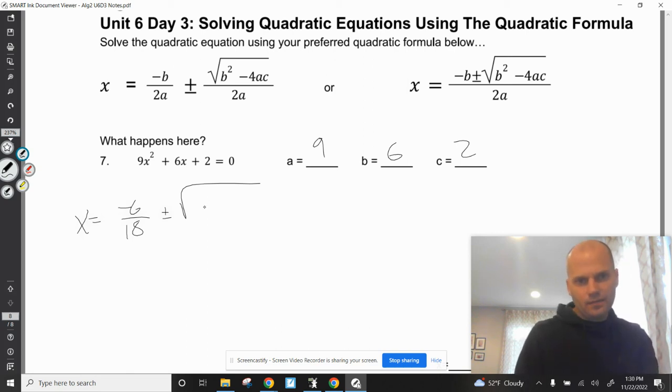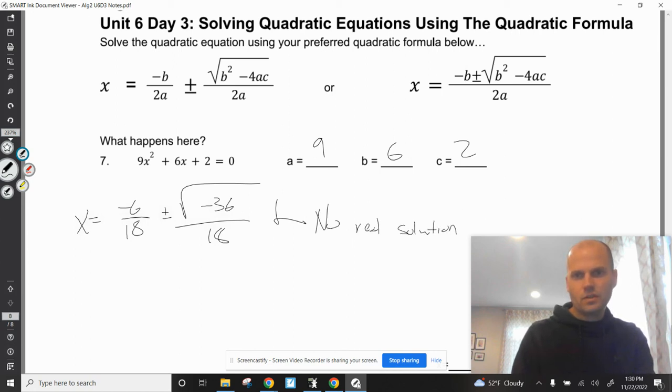We got a negative. Try to plug this into your calculator. Doesn't work. There are no real solutions. Okay? No real solutions. However, next lesson you're going to learn there are actually imaginary solutions. But since you can't take the square root of a negative, that's bad.